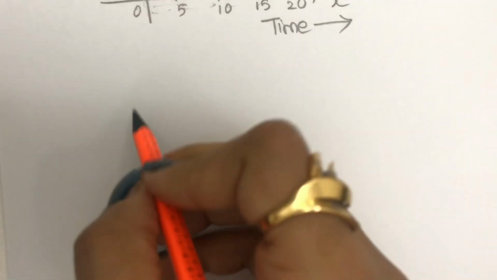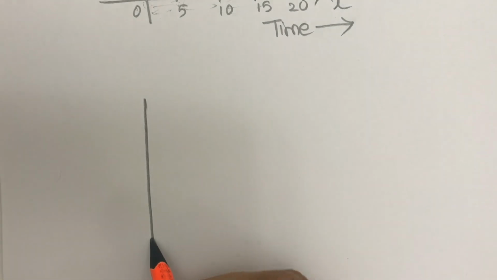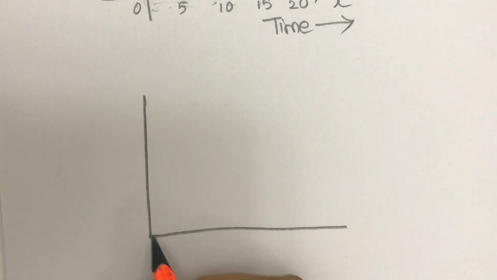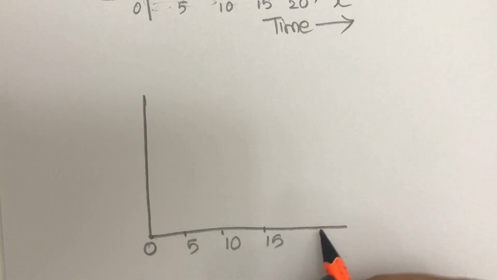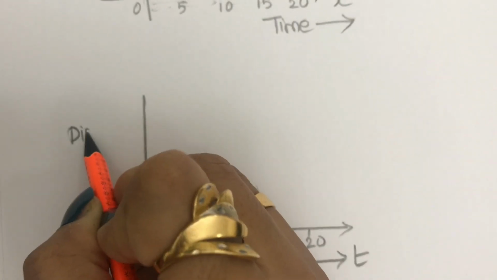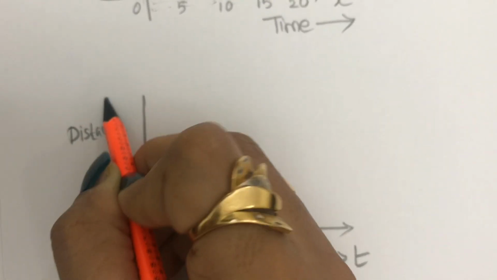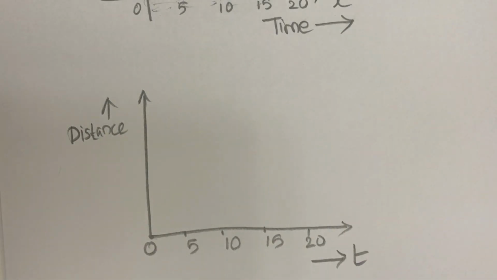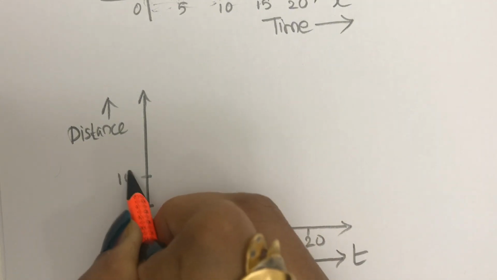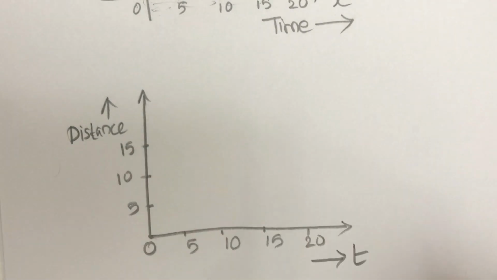See, for example, here this will be my time and this will be my distance. Here also 5, 10, 15, like that.